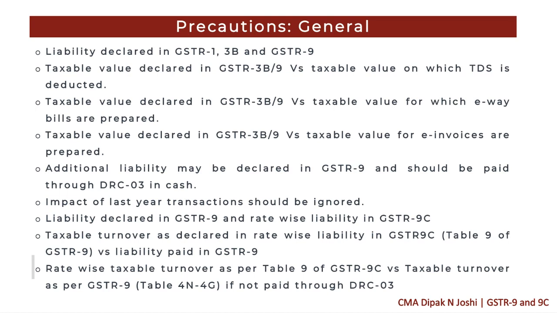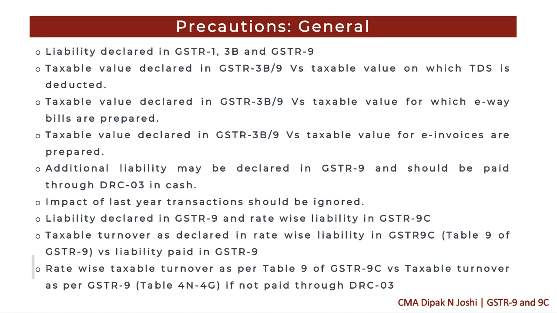And there are a number of reasons, because every time your GSTR 9 turnover and e-way bill turnover will not match. Why? Because in case of e-way bill also, say my value is less than 50,000, I do not require to prepare an e-way bill on such a transaction. Right? So in that case, e-way bill is not applicable. Or sometimes when I'm sending any material to the job worker, I'm sending that material on a delivery challan. Now, if the material value is more than 50,000 rupees, I require to prepare an e-way bill in that case.